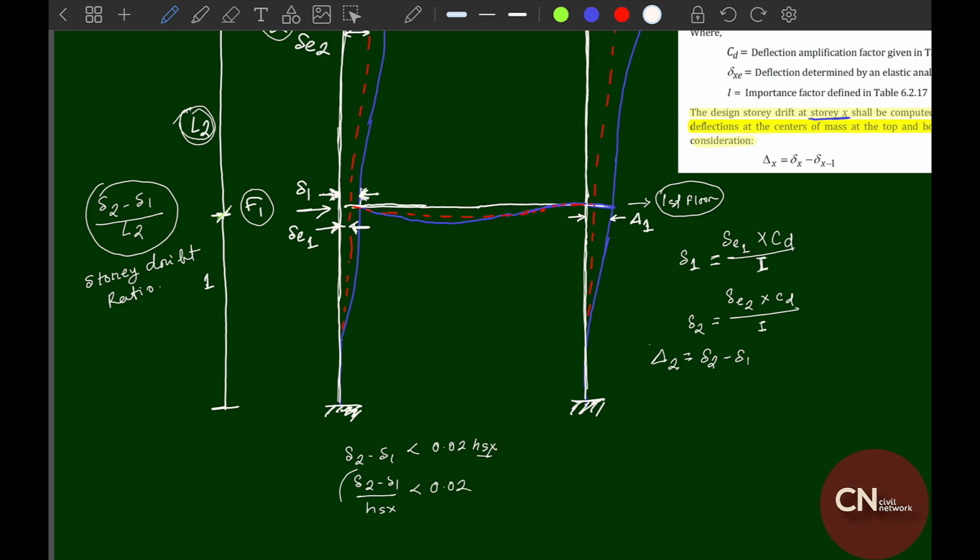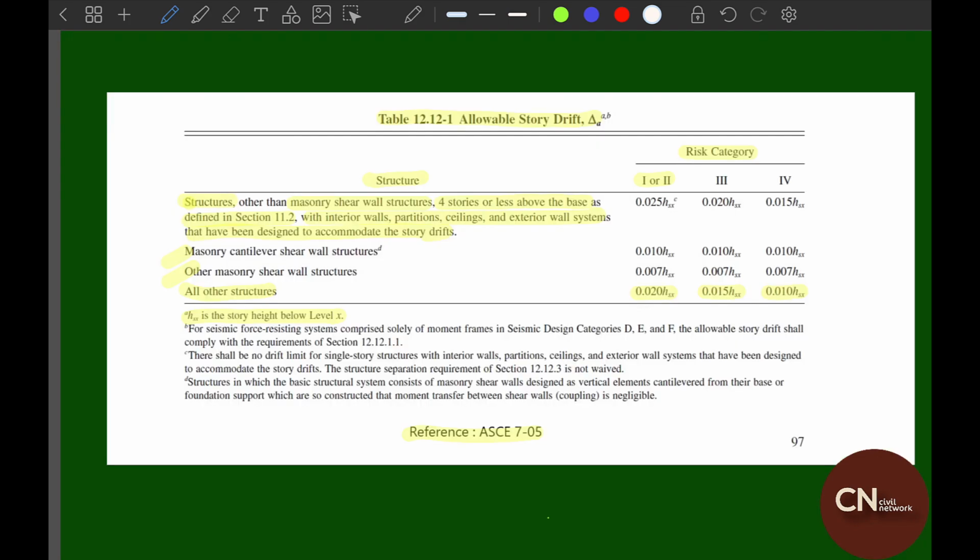As we have discussed earlier, this was the definition of story drift ratio. That means that the story drift ratio between 2 adjacent stories should be within the limiting value of 0.02. Similarly, if your structure falls under risk category 3, the limiting value will be reduced to 0.015.